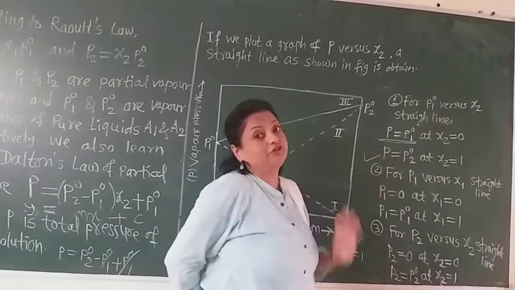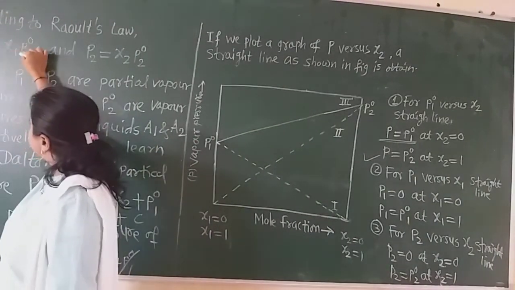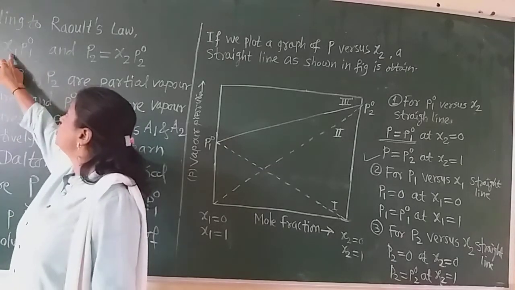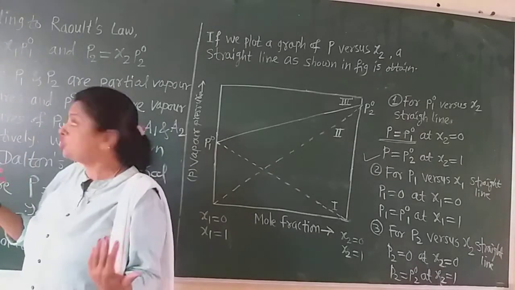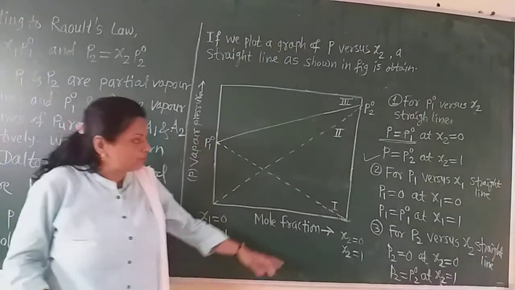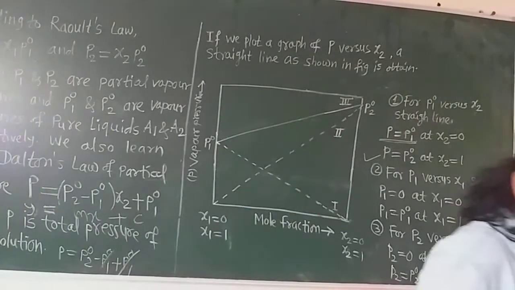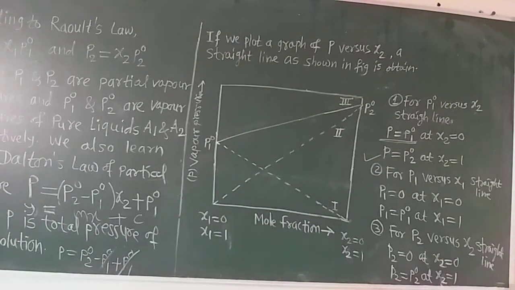If we substitute the value of X1 as 0 into P1 = X1 P01, P1 becomes 0.